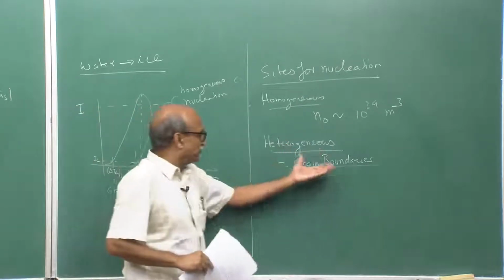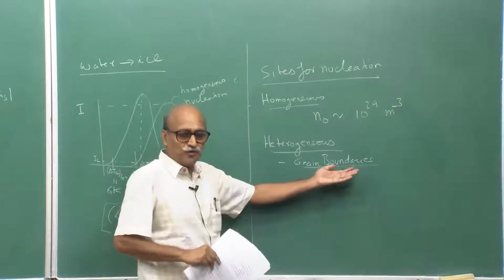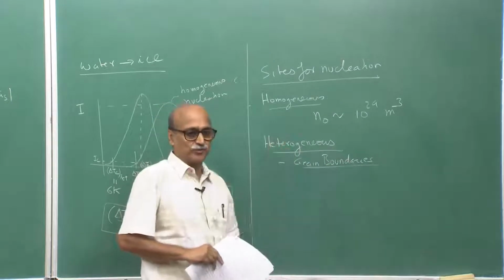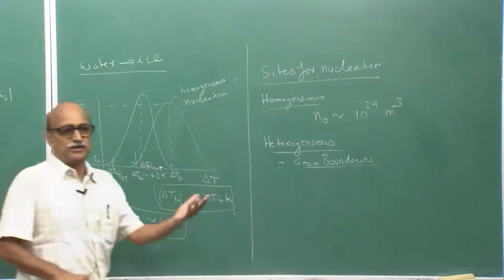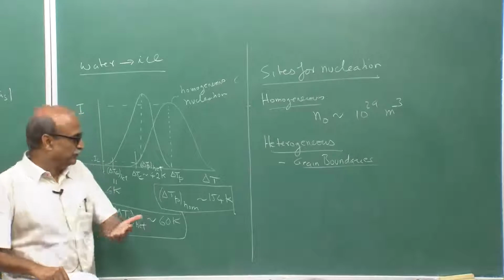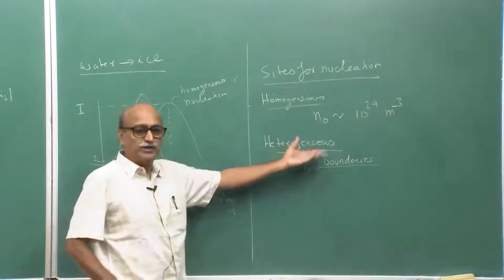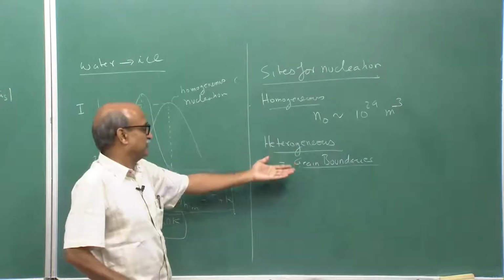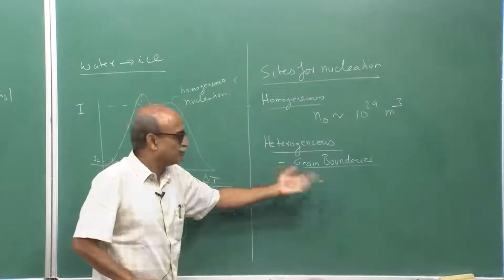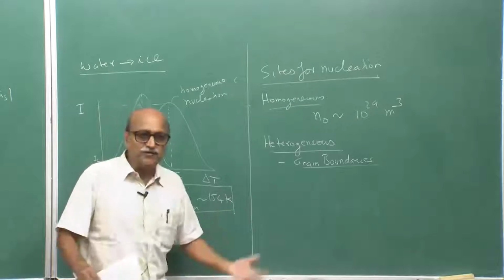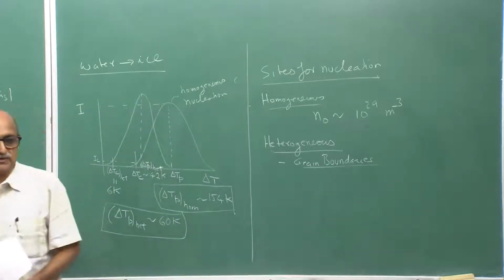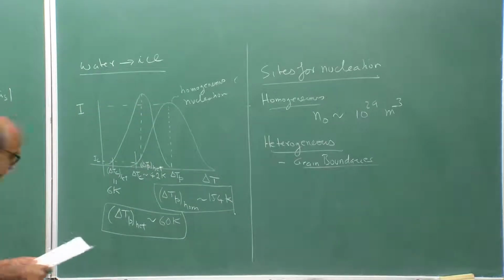The number of sites for nucleation at grain boundaries would obviously depend on what is the density of grain boundaries, which could be related to the grain size of the material. For large grain size material, the density of grain boundary is small, hence the site for heterogeneous nucleation would be small. For very fine materials, the heterogeneous sites would be much larger.